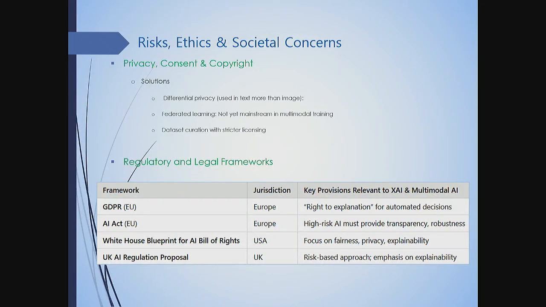But how do you solve this? You need to think about some way of solving it, which is differential privacy. So in this case, they make sure to use more descriptive text. You know, the text is more informative. Yeah. So when you are attaching, they use more descriptive text than images. You see?